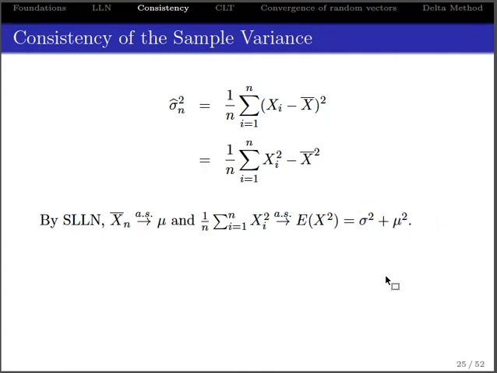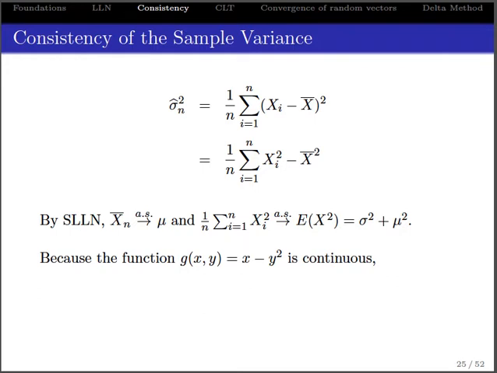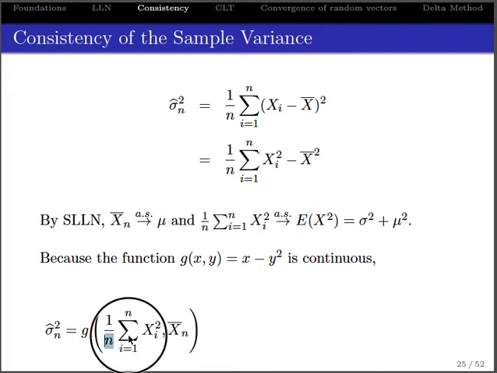Yeah, because sigma squared is equal to the expected value of x squared minus the square of the expected value of x. And then because that function g of x, y equals x minus y squared is continuous, this sample variance is the function g of these two sequences of random variables, if you will.